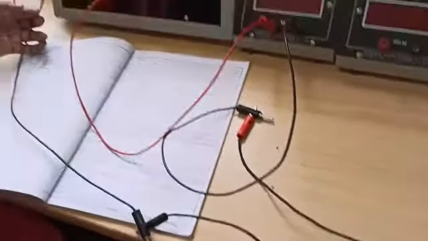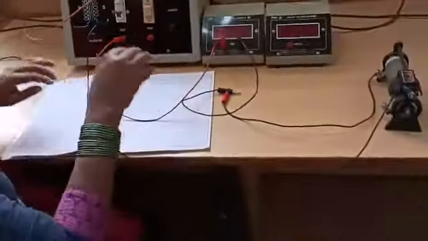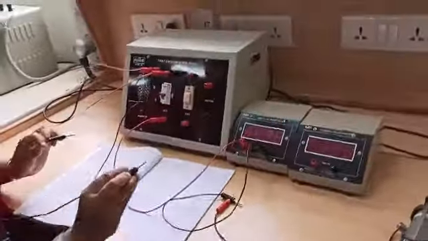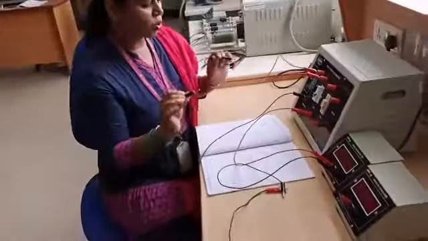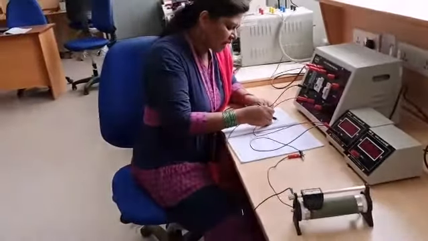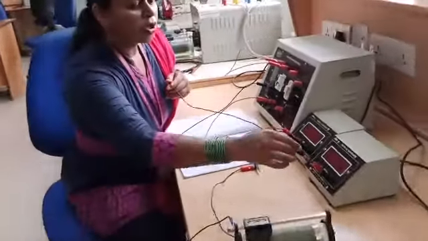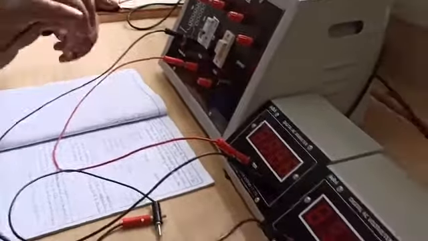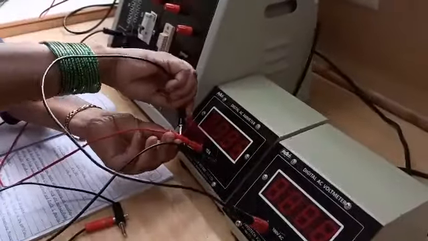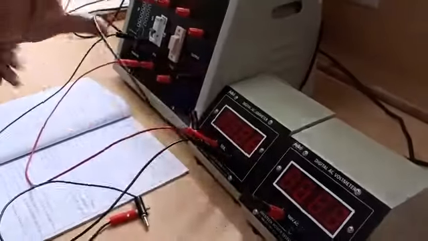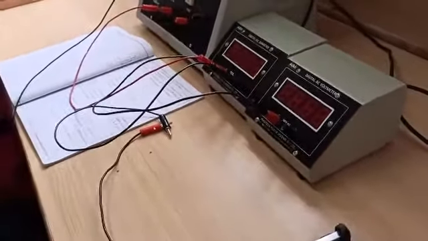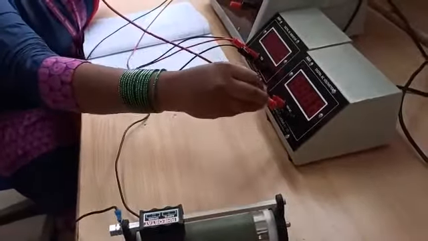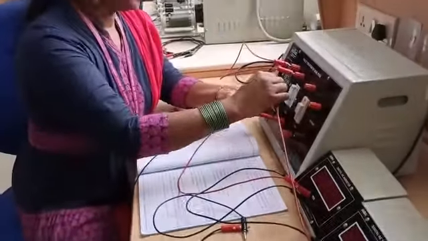Fine. The only thing remaining is the voltmeter. The voltmeter positive is connected to the ammeter positive, and the voltmeter negative is connected again to the transformer 0th line.